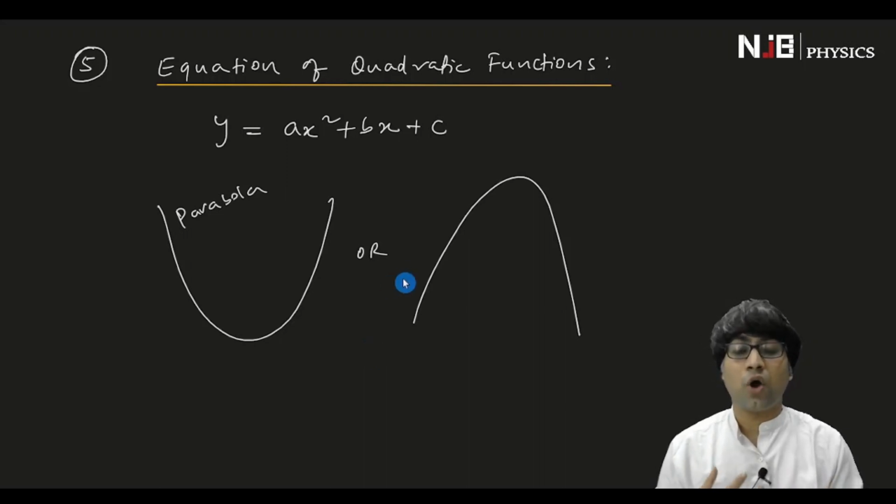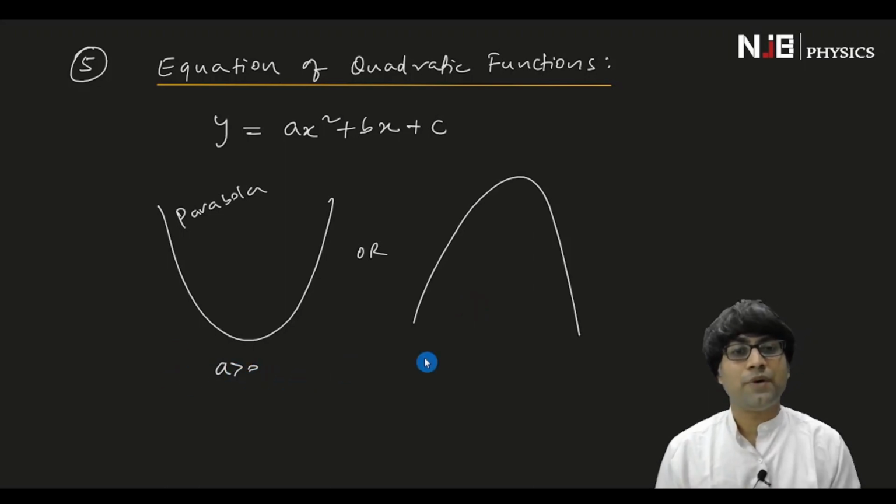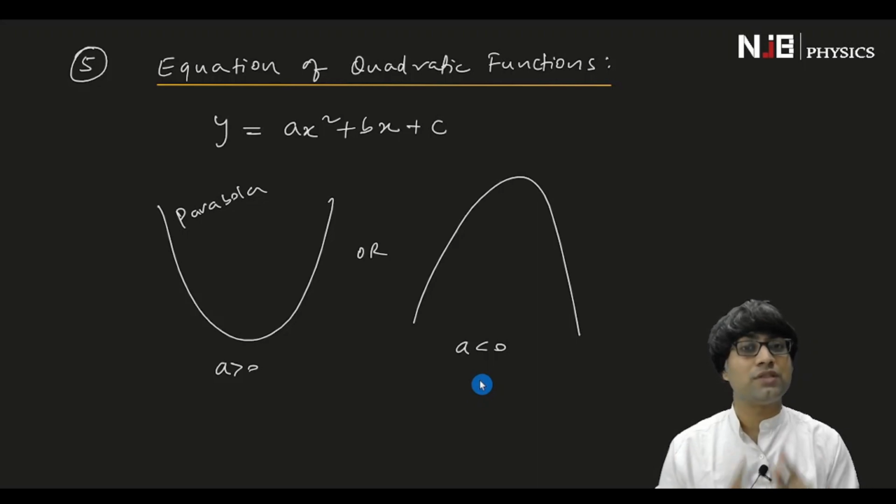So it is either a concave up parabola or a concave down parabola. Well, it is going to depend on the value of a. If a is greater than 0, then the graph is going to be concave up. If a is less than 0, then the graph is going to be concave down. So this is the significance of the constant a, which is the coefficient of x².